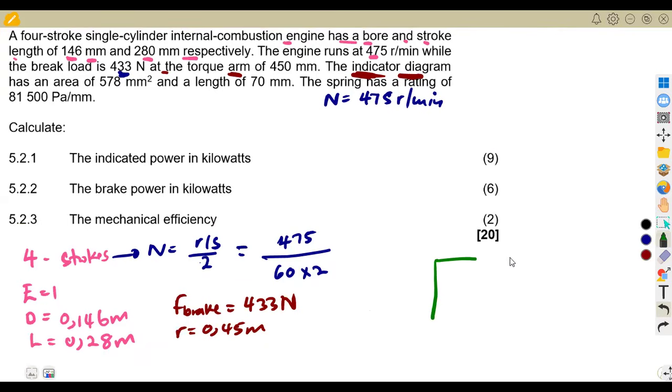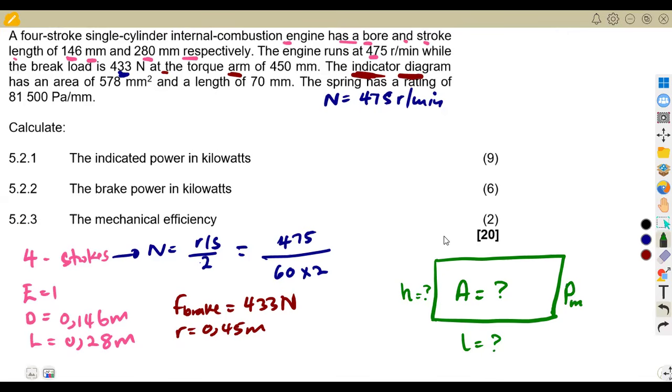The indicator diagram is something of this nature, where you're going to have the area, the length and the height that you're given on the indicator diagram, with the pressure, which is the indicated mean effective pressure of our internal combustion engine.